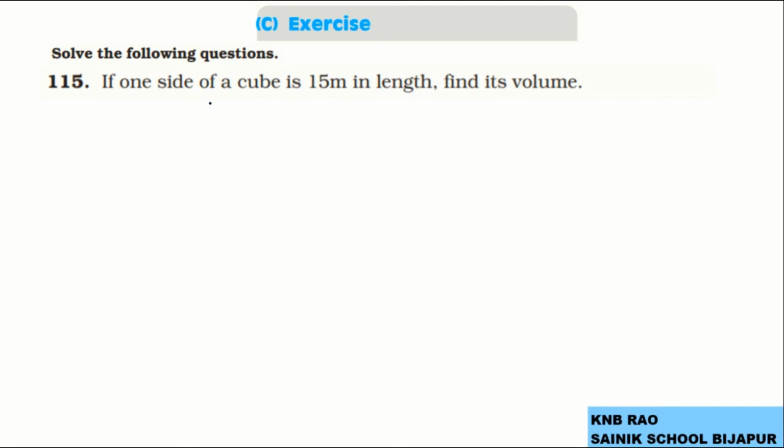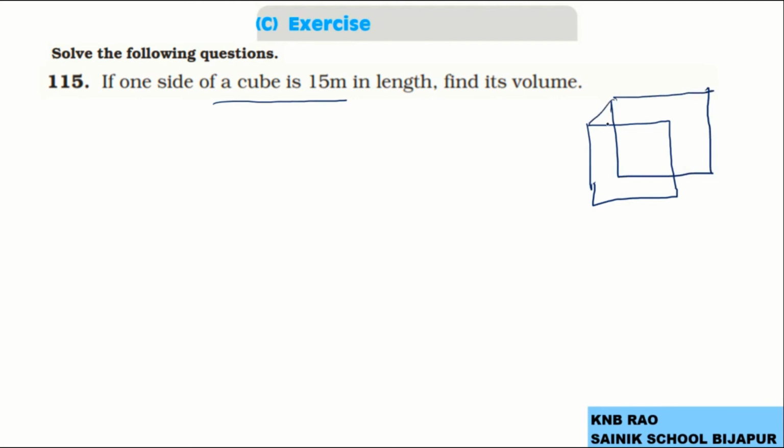If one side of a cube is 15 meter in length, it's a cube. So the moment it is a cube, its breadth, length, height are equal. So to find the volume of it, length, height, breadth all are equal, so 15 meter.